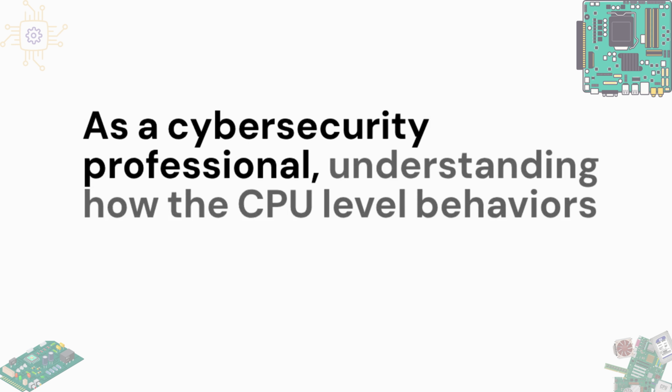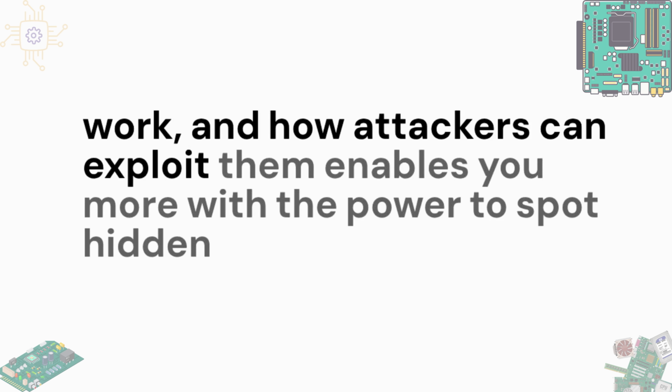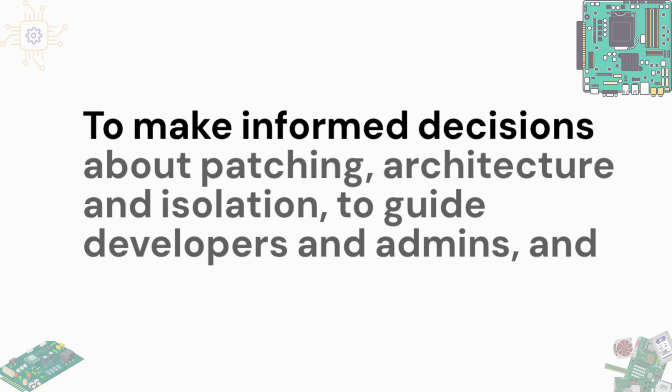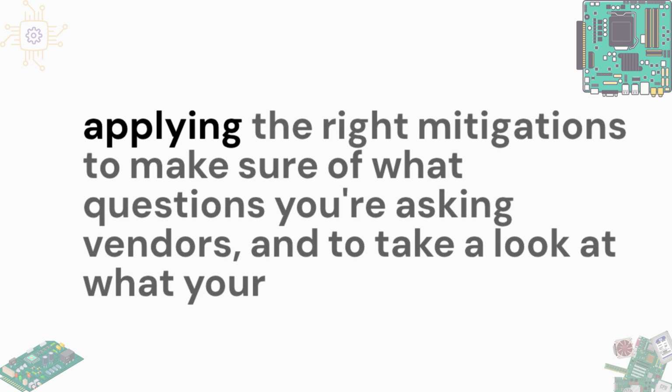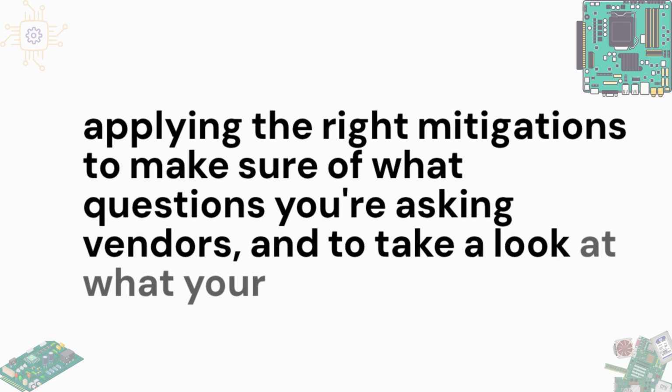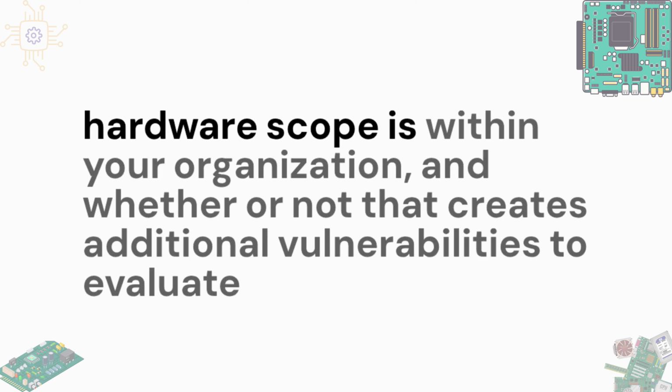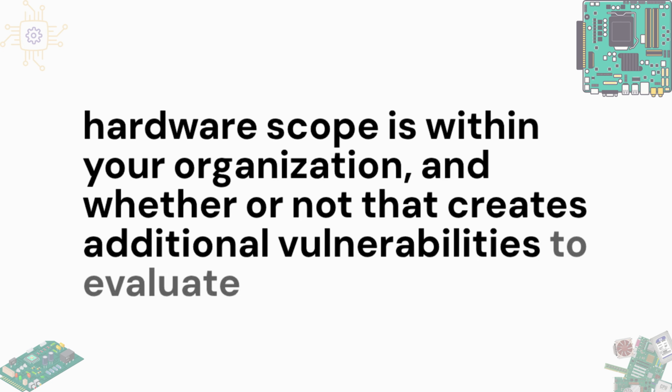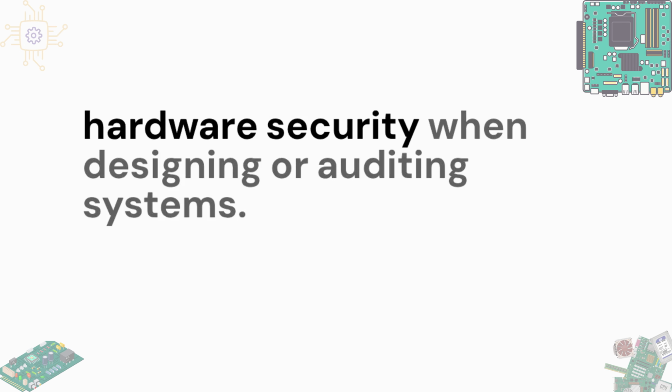As a cybersecurity professional, understanding how these CPU-level behaviors work and how attackers can exploit them gives you the power to spot hidden vulnerabilities in your systems, to make informed decisions about patching, architecture, and isolation, to guide developers and admins in applying the right mitigations, to make sure of what questions you're asking vendors, to take a look at what your hardware scope is within your organization and whether or not that creates additional vulnerabilities, and to evaluate hardware security when designing or auditing systems.